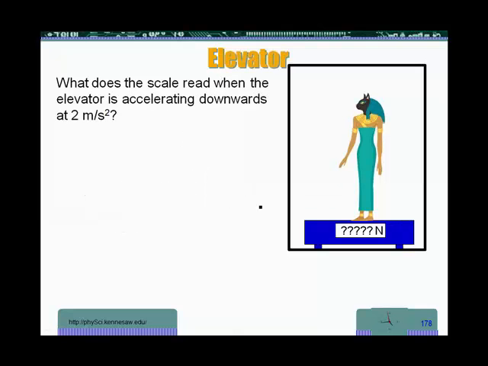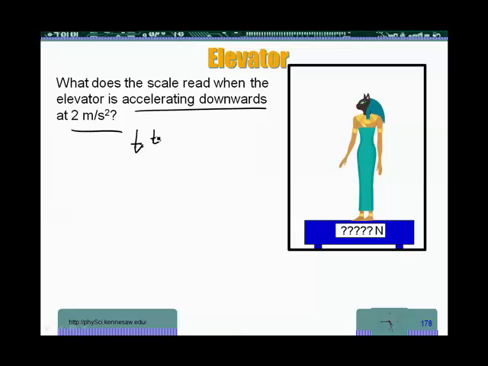Now, what if the elevator is accelerating downwards? Before I answer this, again, let me focus on what we said before. We talked about this when we talked about accelerating upwards. When are we going to have an acceleration downwards? Either one of two cases, when the velocity is down and we are speeding up with an acceleration down.